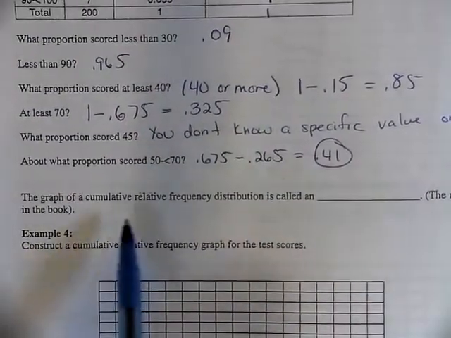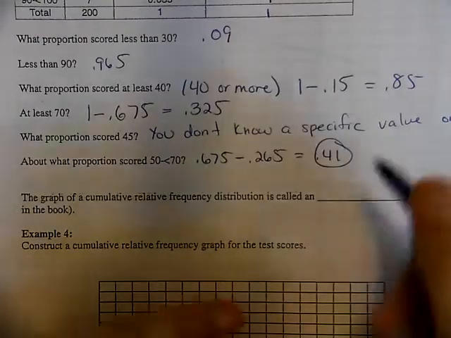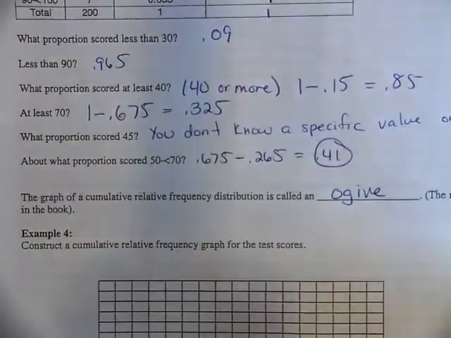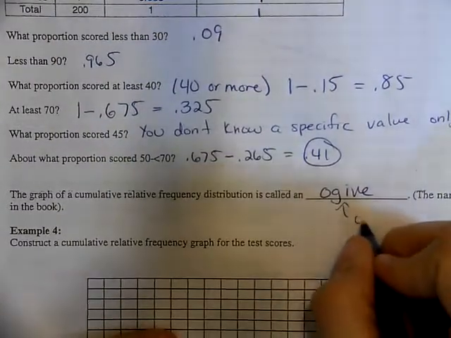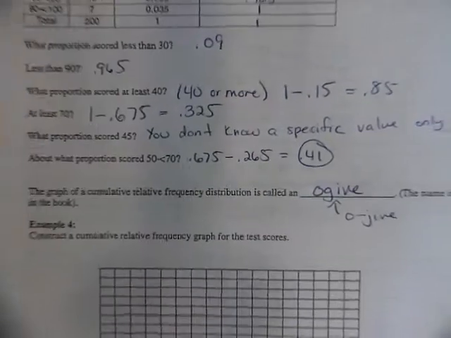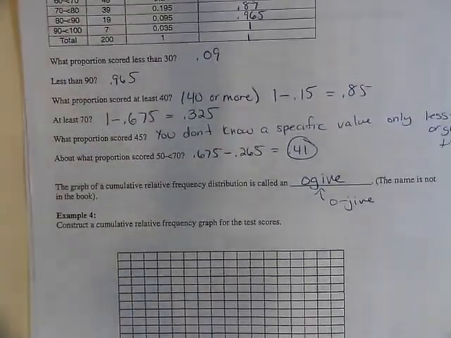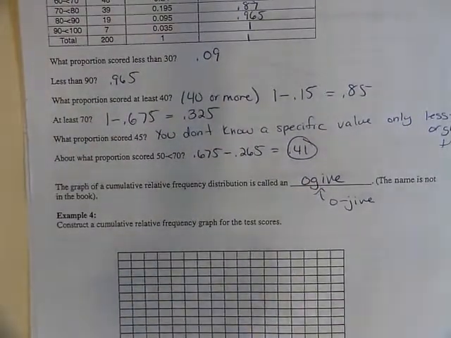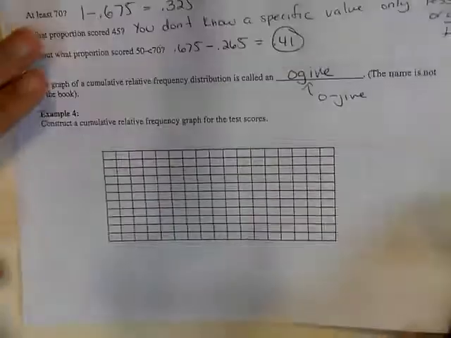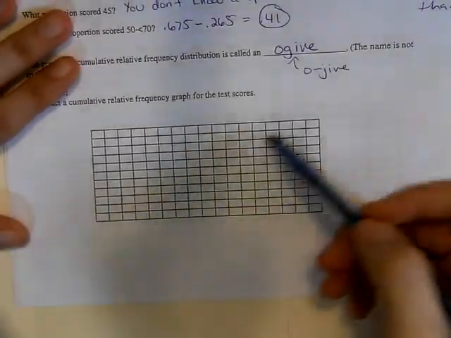The graph of a cumulative relative frequency distribution is called an ogive. This is pronounced ogive. The name's not in the book because our book is old, but it's called an ogive graph. Sometimes they'll just say a cumulative relative frequency graph. It's just kind of long to say. So let's try to graph one. You'll see it ends up being a curve.